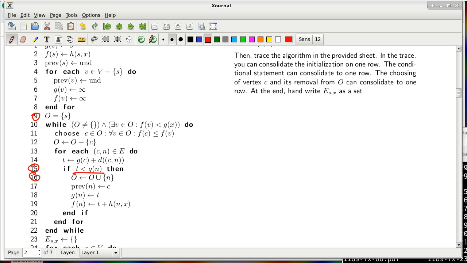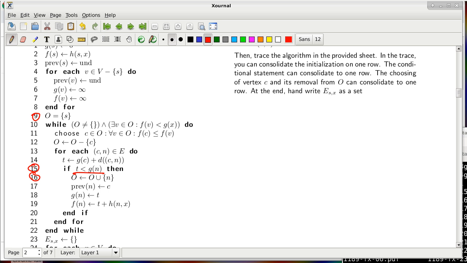Well, it's pretty hard for this not to be true if n is in fact vertex U, because that means we have just found a path from the start vertex to vertex U, as opposed to not knowing of any path from the start vertex to vertex U. Remember, how did we initialize all of the G values, like G of U?